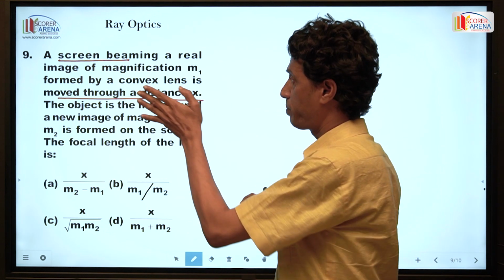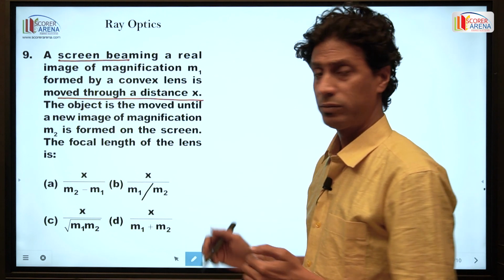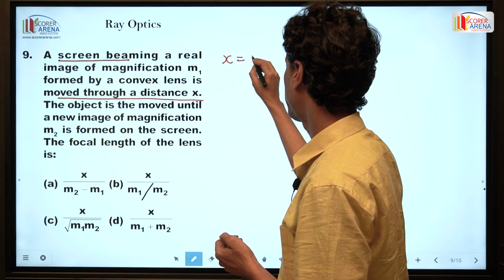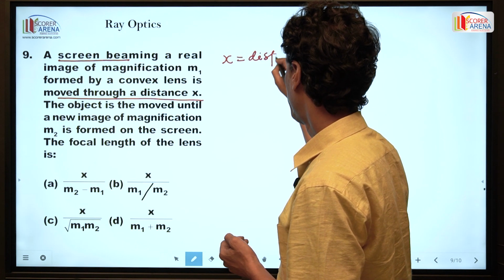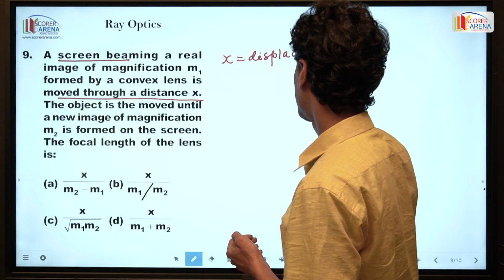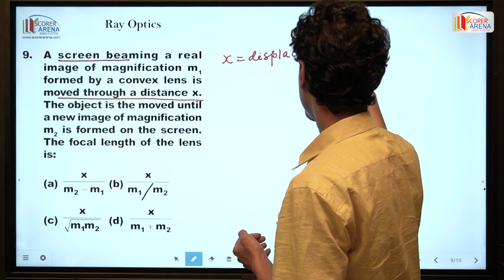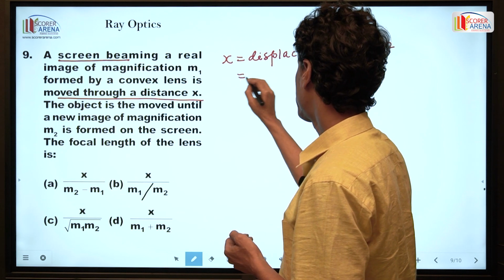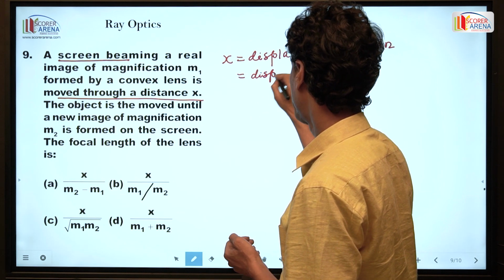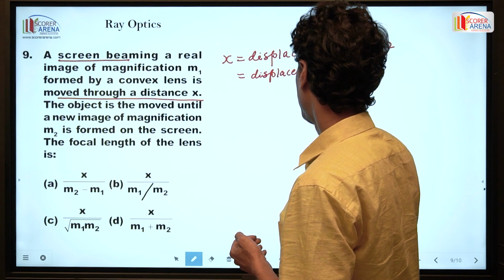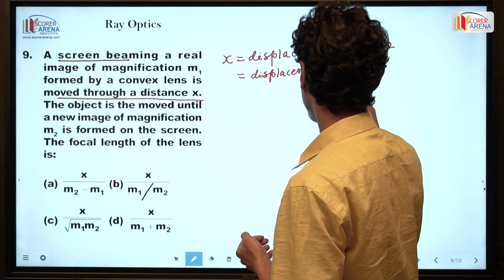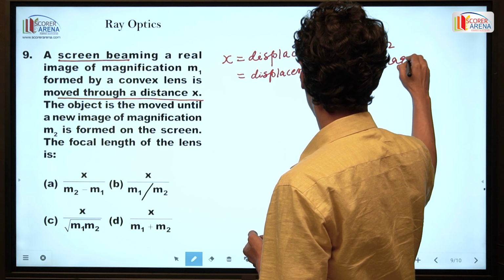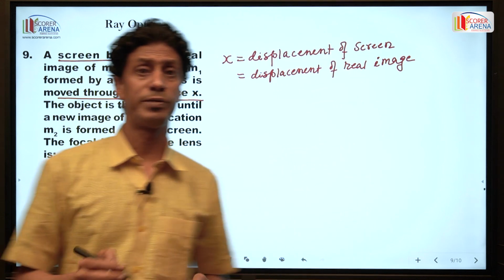Since the displacement of the screen is given in this problem, x is the displacement of the screen, and hence the displacement of the real image.